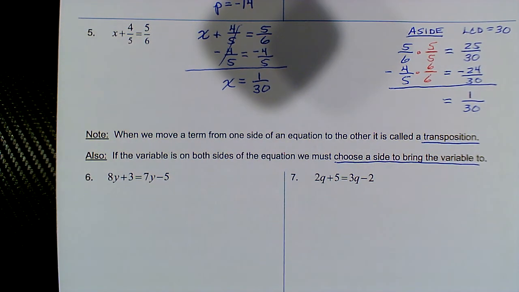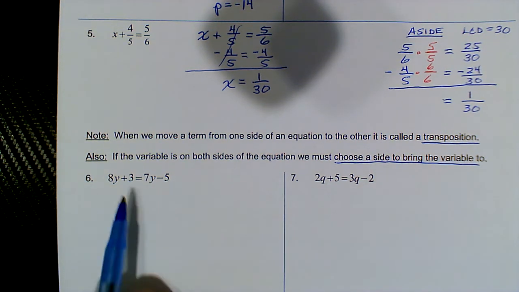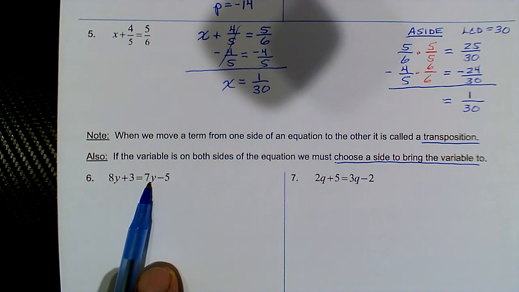And we generally use the idea that it is best to bring the variable to the side where the coefficient is greater. So when I look at question 6, the first thing I see is, oops, variables on both sides.